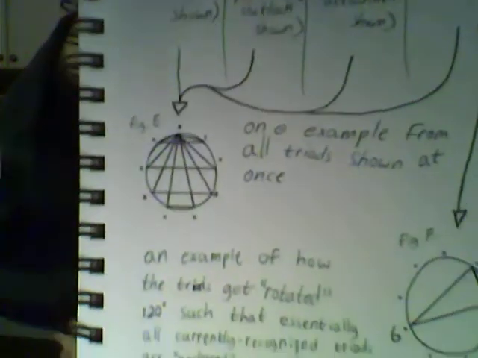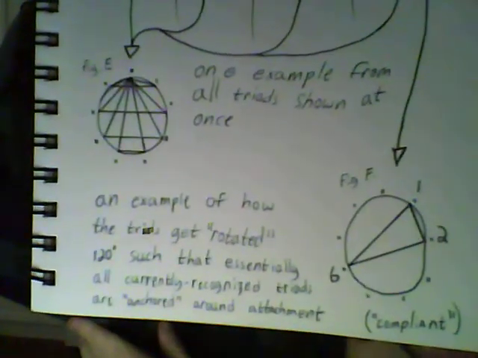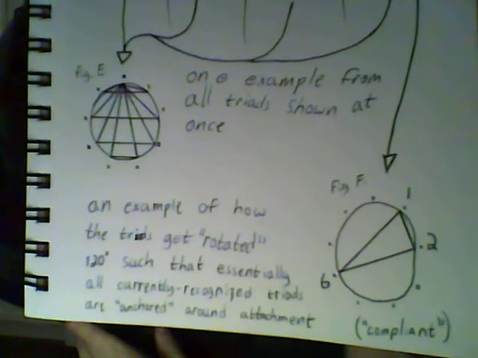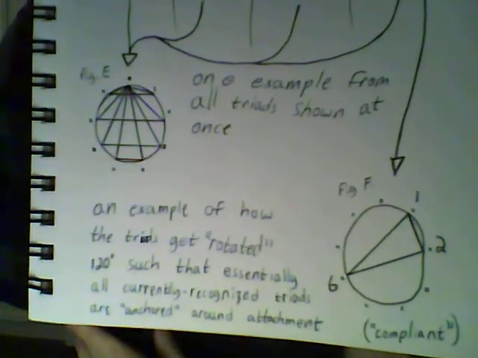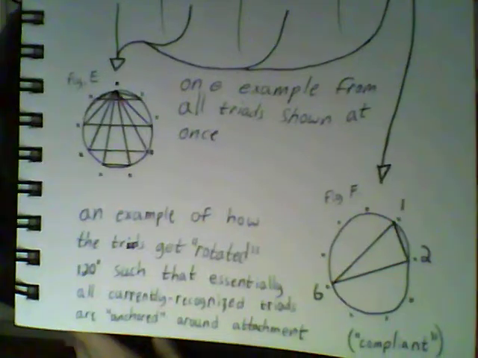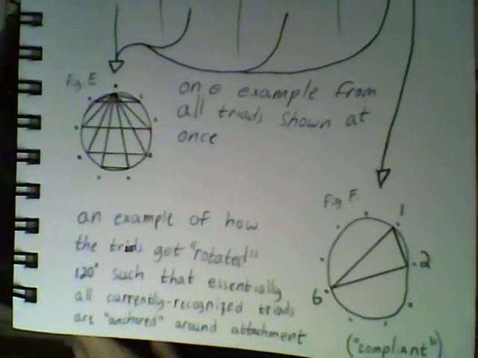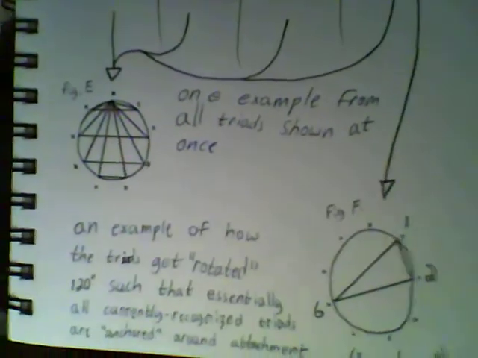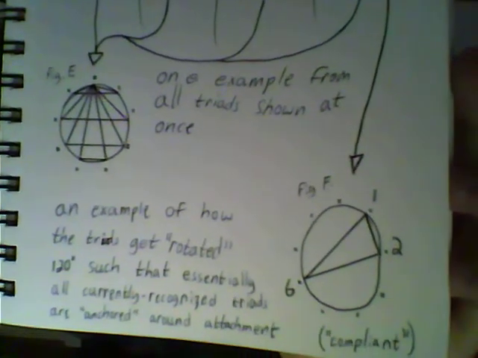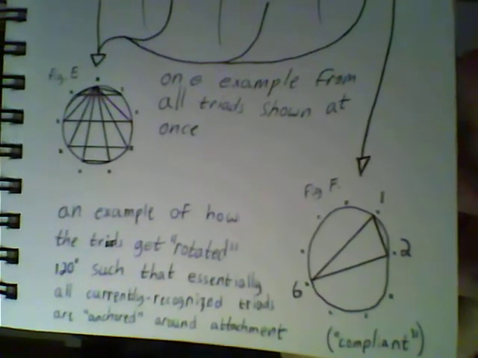And then the last thing on this page is figure F, an example of how the triads get rotated 120 degrees such that essentially all currently recognized triads are anchored around attachment.